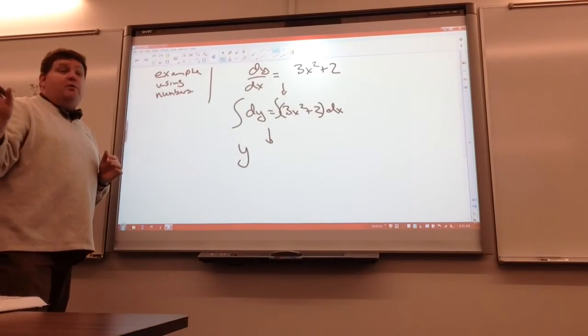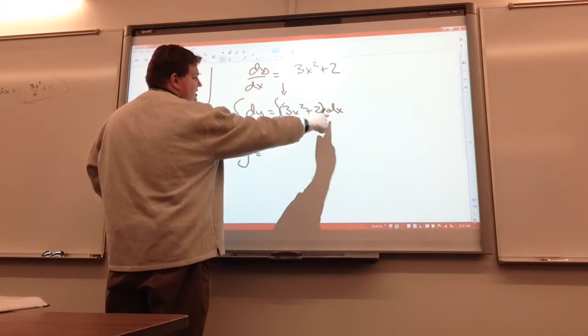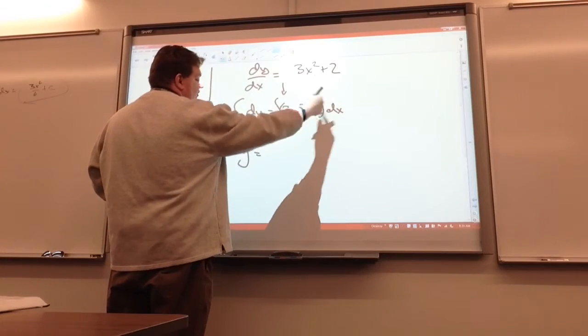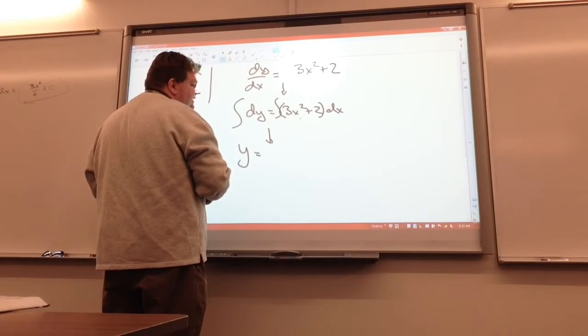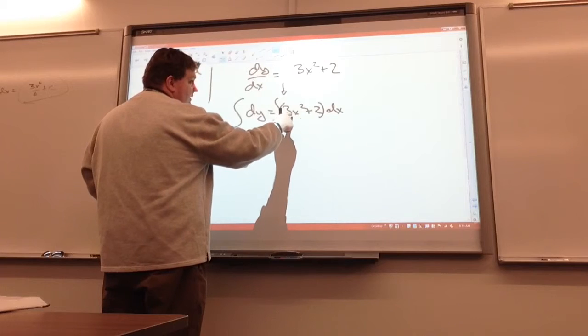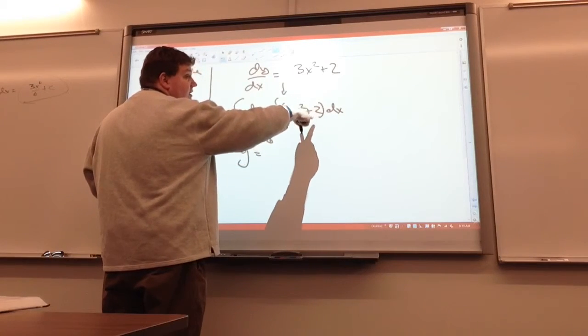Which is good. That's what we want, because on the other side, we've got a regular integration question now. 3x squared plus 2. What's the antiderivative of 3x squared plus 2? X cubed. X cubed plus 2x. 3x cubed over 3 plus 2x plus c, right?